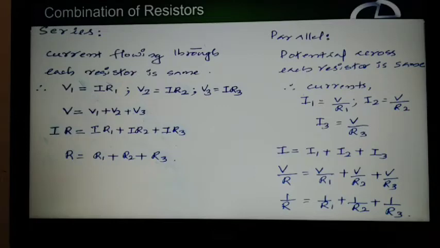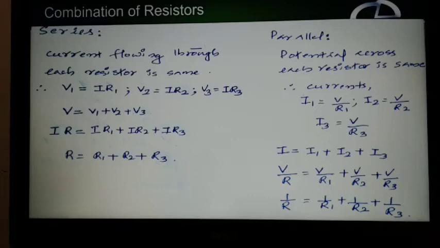When capacitors are connected in parallel, C is equal to C1 plus C2 plus C3, and when they are connected in series, 1 by C is equal to 1 by C1 plus 1 by C2 plus 1 by C3. But here, when resistors are connected in series, the effective resistance will be R1 plus R2 plus R3, and when they are connected in parallel, 1 by R is equal to 1 by R1 plus 1 by R2 plus 1 by R3.